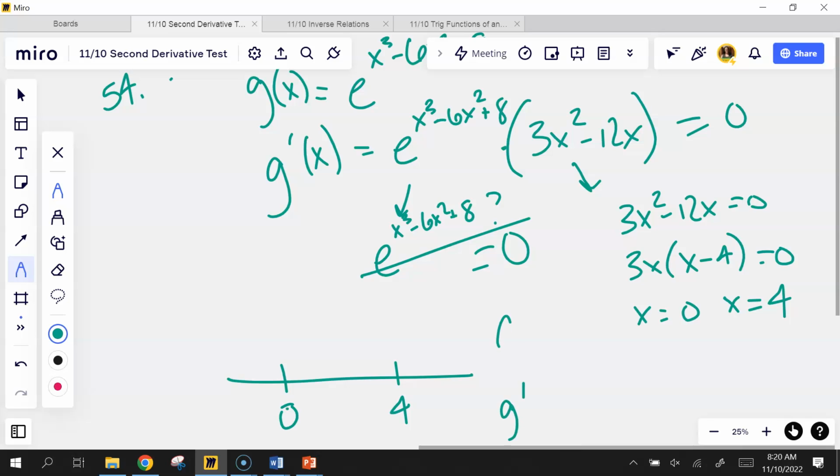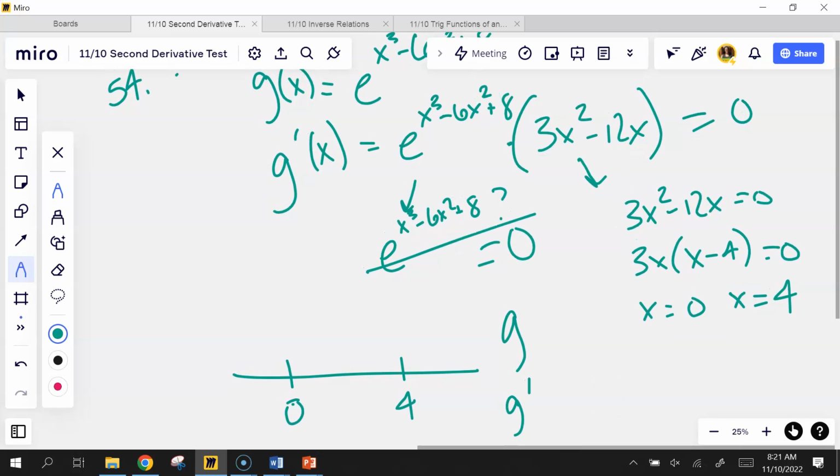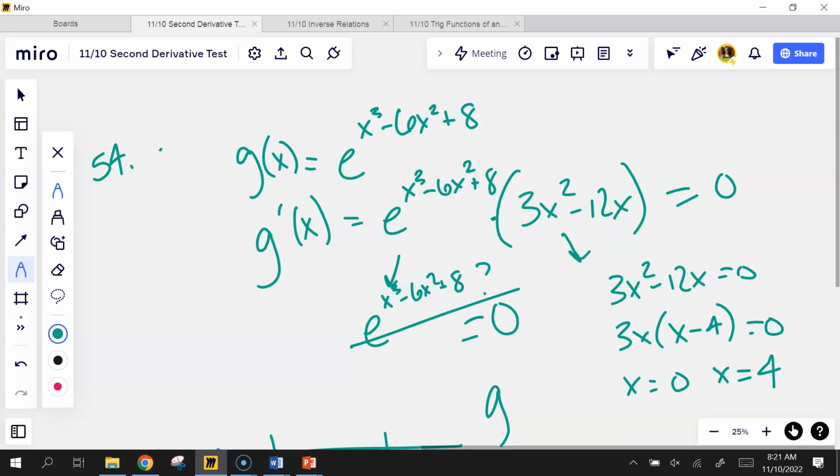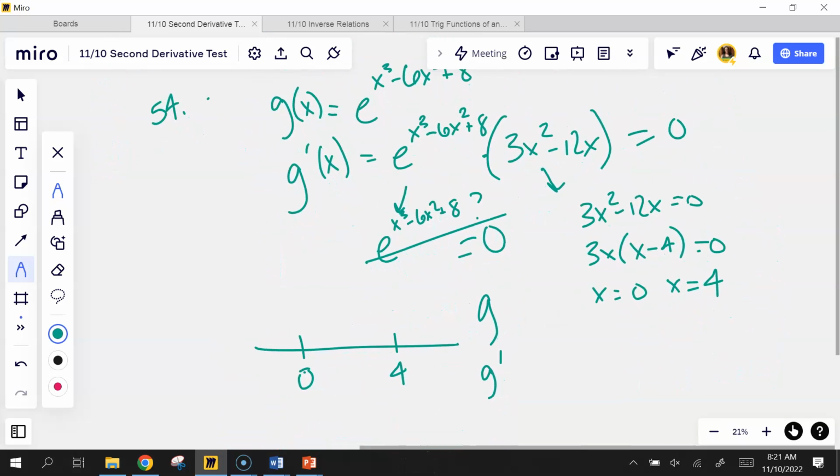The derivative tells me what the function itself is doing. So is the derivative positive or negative when x is less than 0? Any ideas? Nobody? All right, no matter what I plug in here, this is always going to be positive, right?